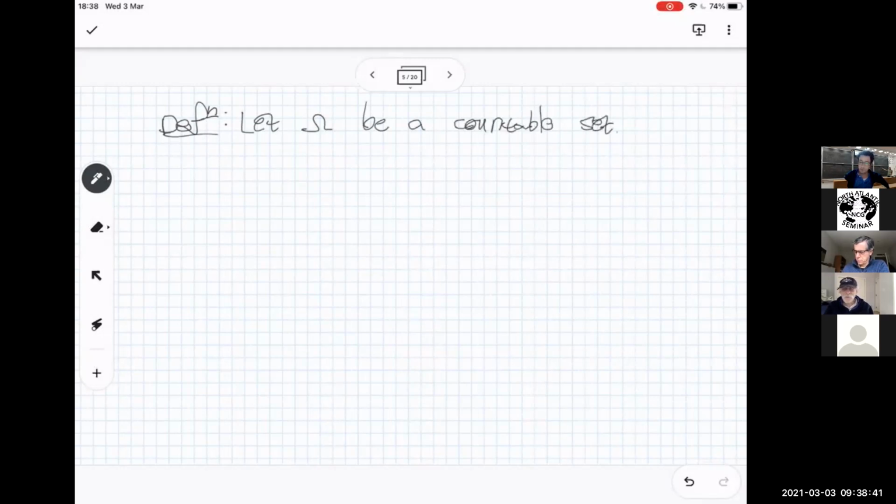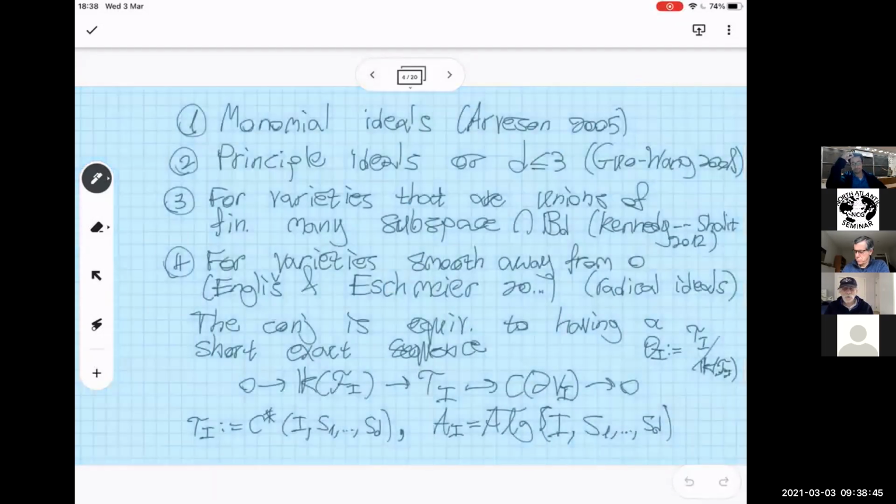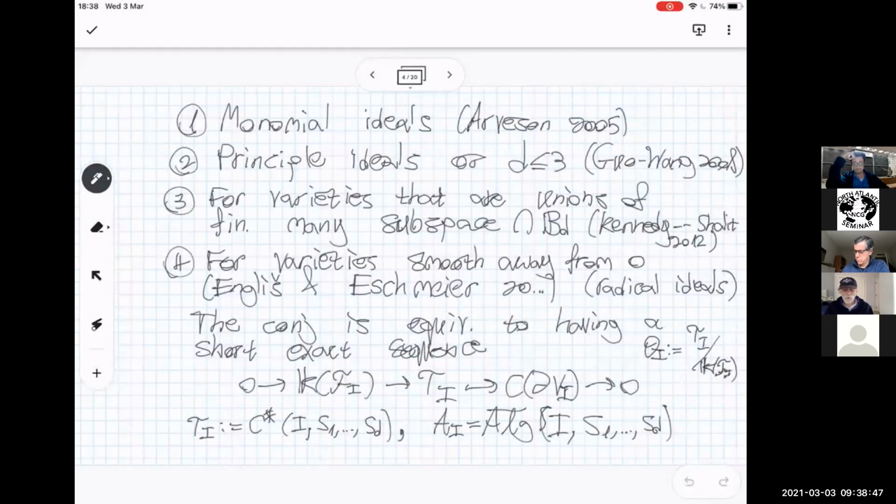I want to ask a question about your short exact sequence. Yes. Where is the difficulty here? The difficulty is showing that the quotient map from O_I to C of the boundary is injective.